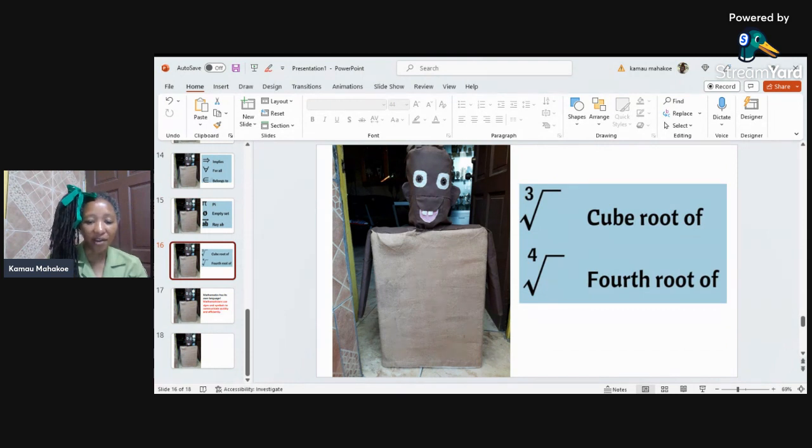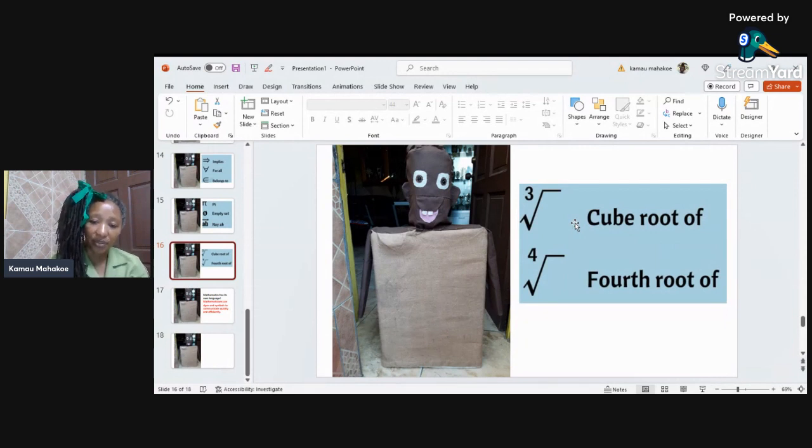So what we have here now are roots. So we have the cube roots, the fourth root, and you can actually have any number here: fifth root, sixth root, 10th root. The root is the opposite of squaring or cubing or so on.